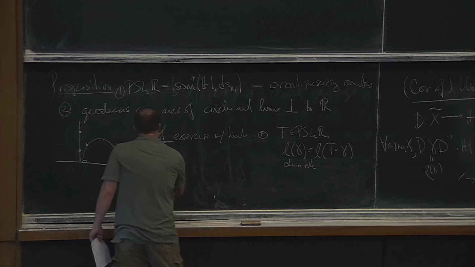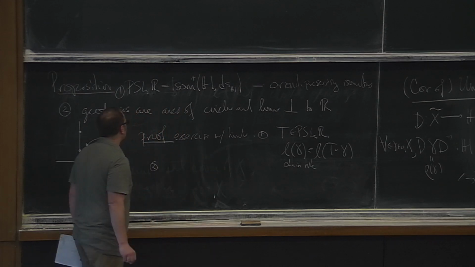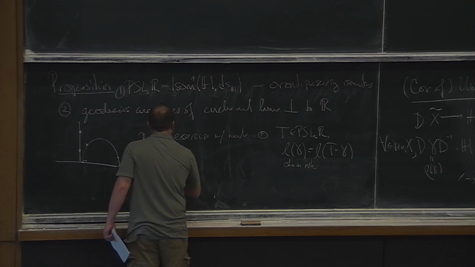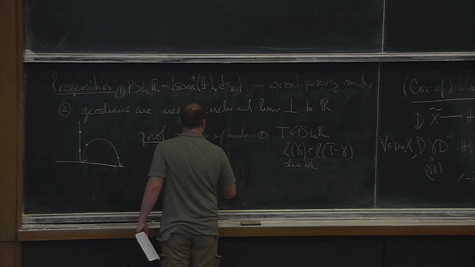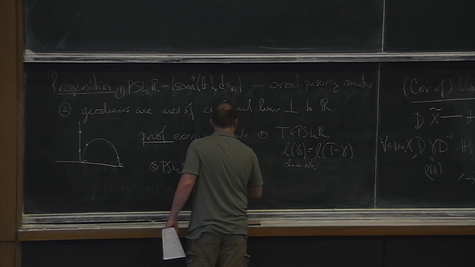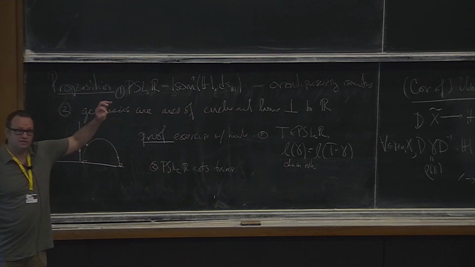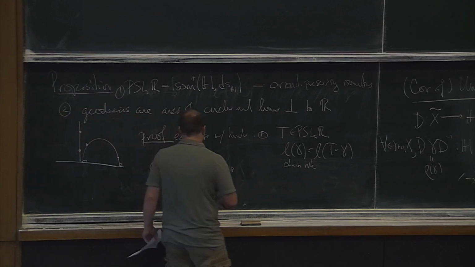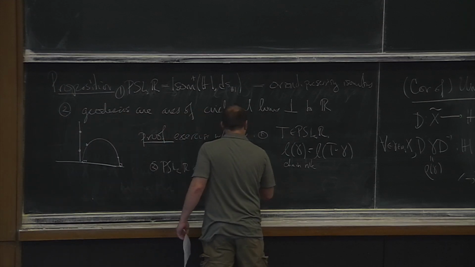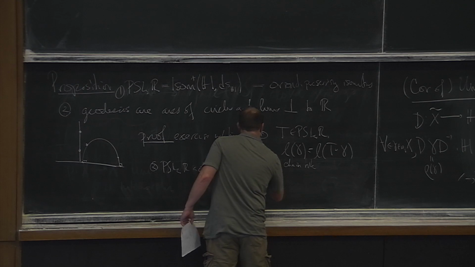Let me give you a hint for part 2. So PSL2R acts transitively. So that means any point can be taken to any point in H by an element of PSL2R. That's pretty straightforward. And isotropically.